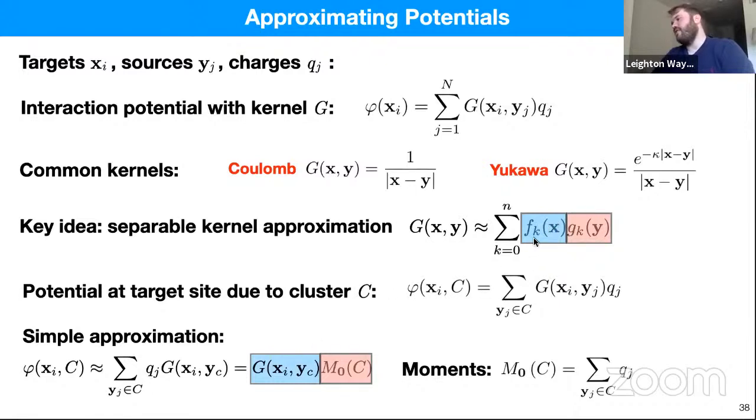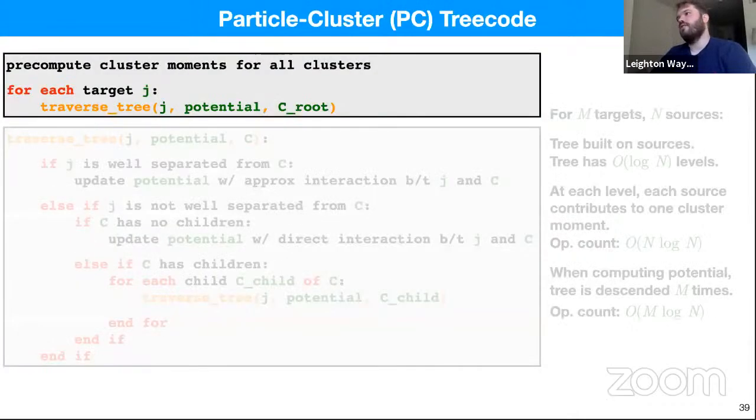This function of our target position is the g of xi comma yc. And the function of our source positions is just this moment right here, because this is just the sum of all of our source charges. So this is one really simple approximation. And in the little diagrams I showed, this is kind of what I was showing you, right? I just put a fictitious particle at the center of a cluster when I want to interact with it approximately.